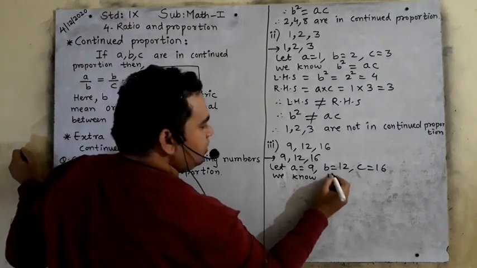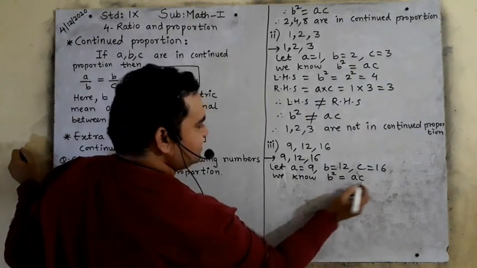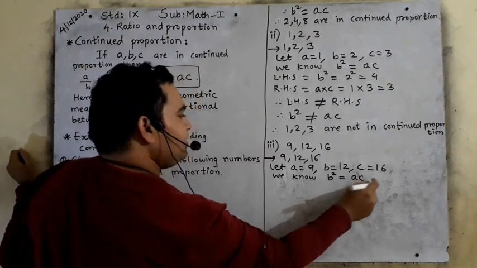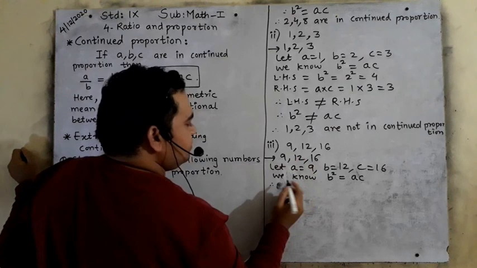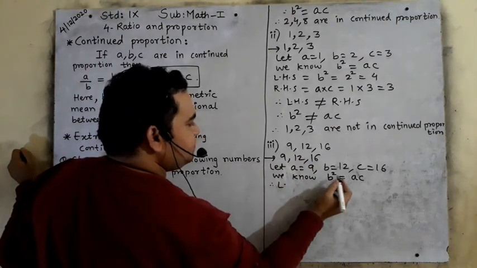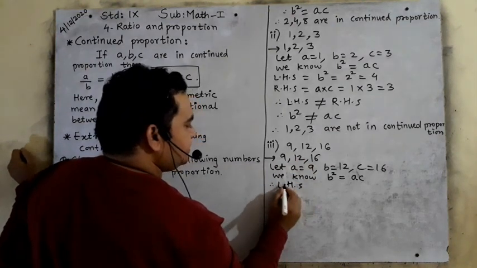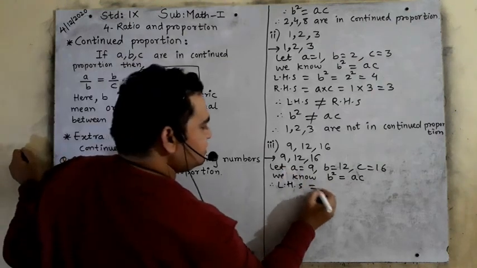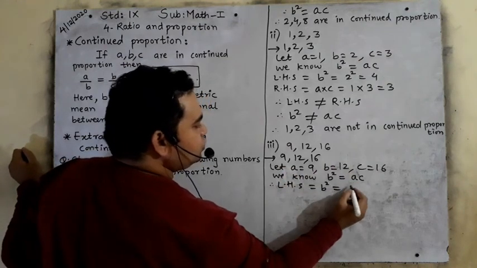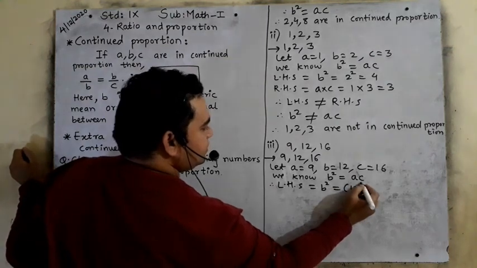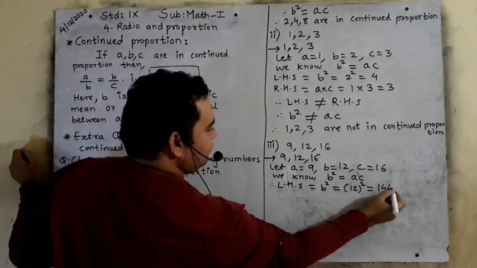So we know B square is equal to AC, B square is equal to A multiplied by C. So LHS, left hand side, that is B square. LHS means B square. LHS is equal to B square, and the B value is 12. So 12 square is 144.